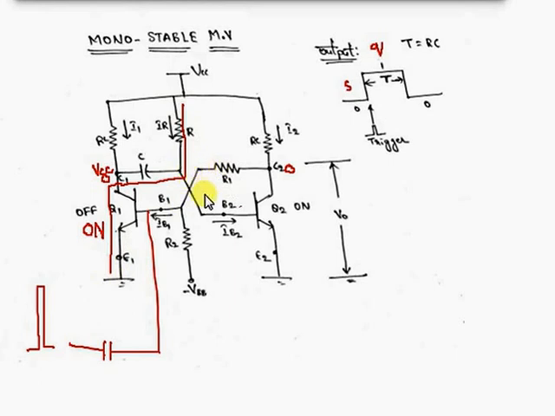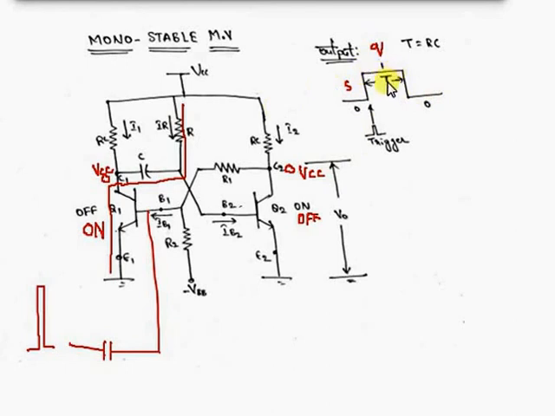Now there is no current flowing towards the base of Q2, so transistor Q2 is off. Due to the transistor being off, the output voltage across collector C2 is VCC, which is logic 1. Now the circuit is in the quasi-stable state.